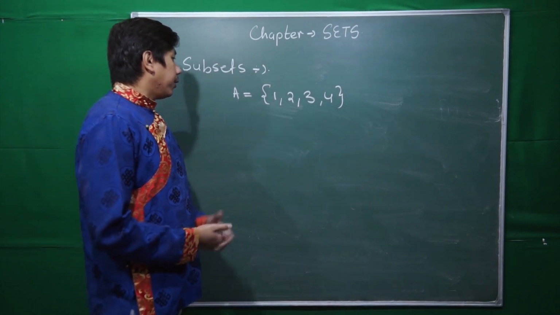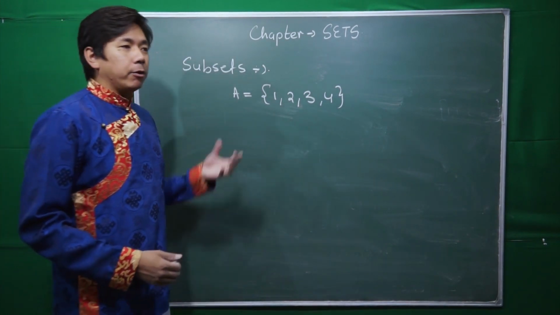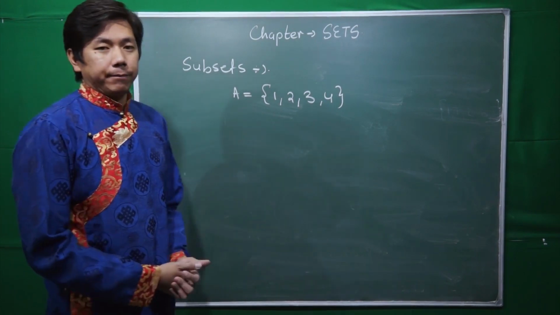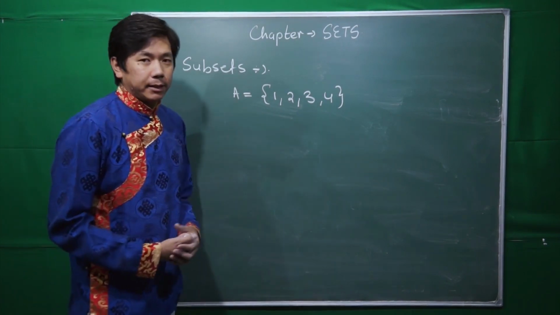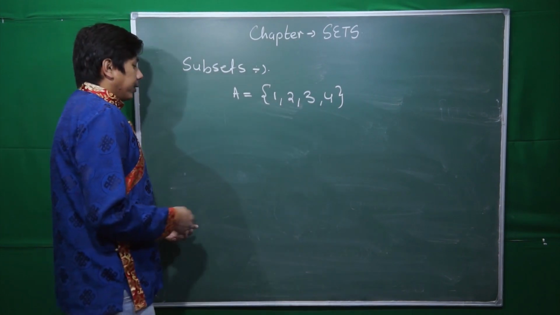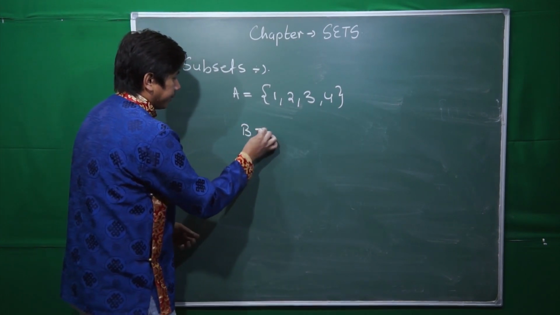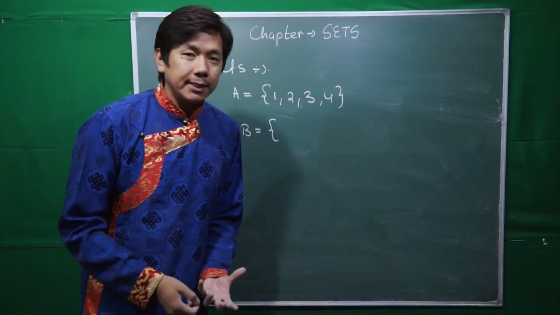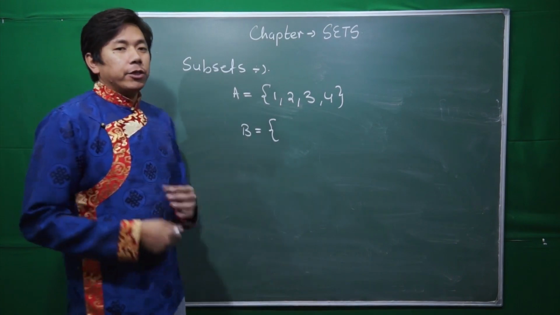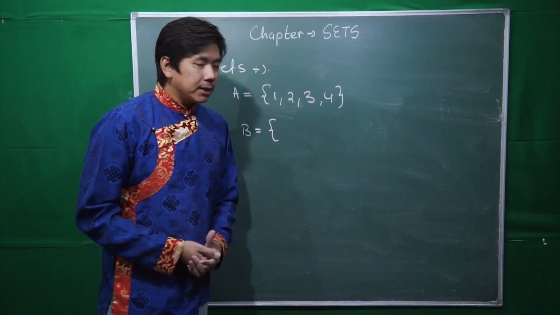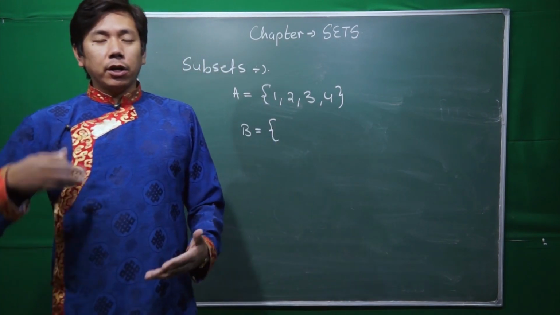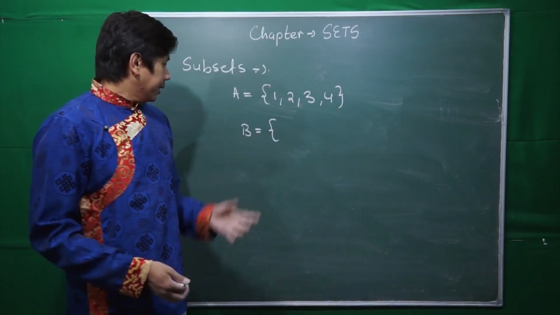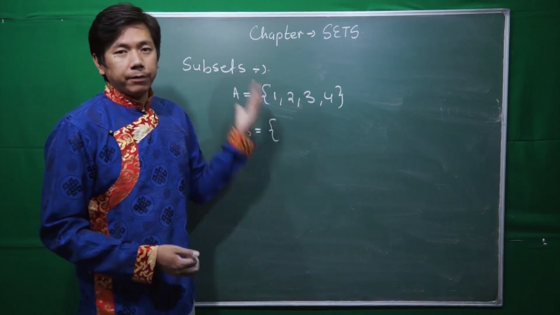Now, if we talk about the subsets that originate from the set A, then we can call A a parent set whose offspring is a subset. So, let's say B is a subset. Now, B should contain the elements that A has, not necessarily all the elements, but if an element is not inside the set A, then B would not be a subset of A.